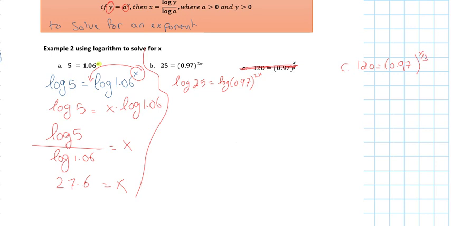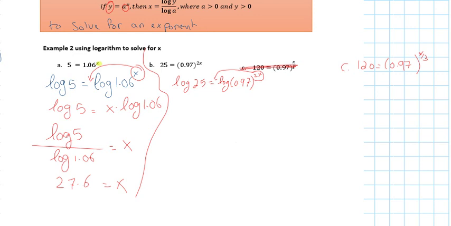Okay, so I took the log of both sides. Then what happens when I take the log? You do log 25 equals 2x log 0.97. Your whole exponent is going to come down as a multiplication.